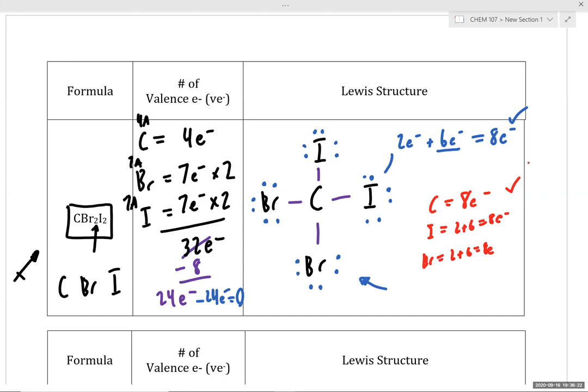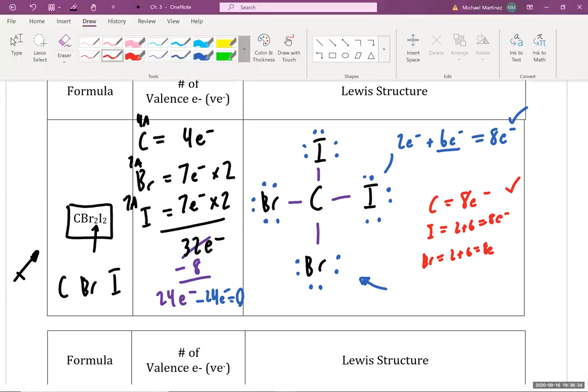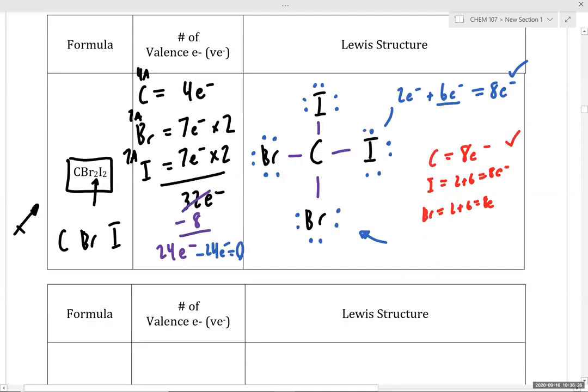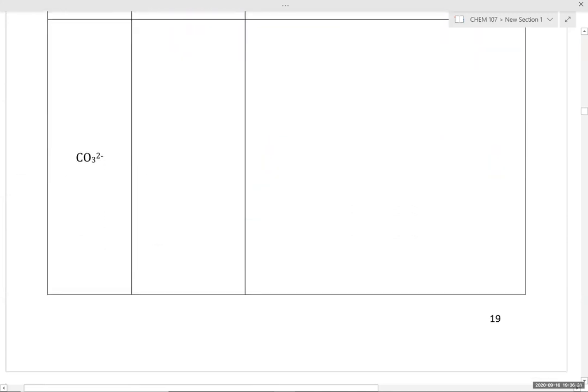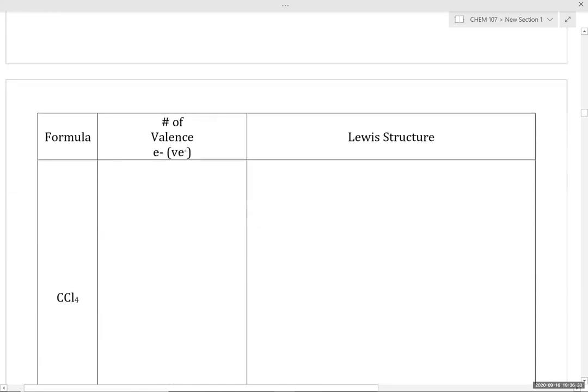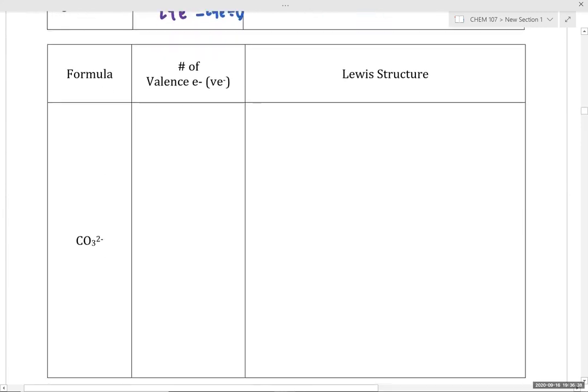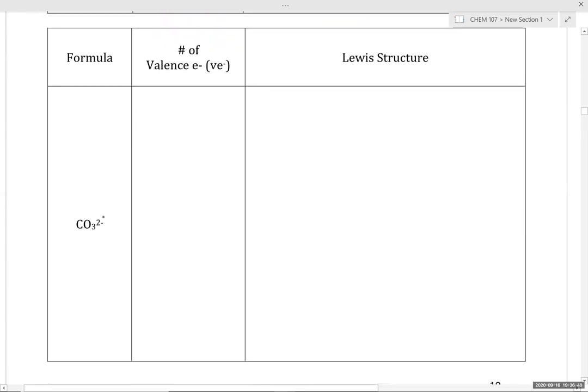We'll do another example where we have to form a double or triple bond. So let's look at the following example. So carbonate. So let's count our electrons. For carbon, we have 4. How many electrons does oxygen contribute as a 6A element? 6, okay.